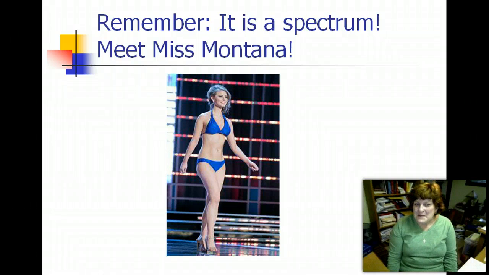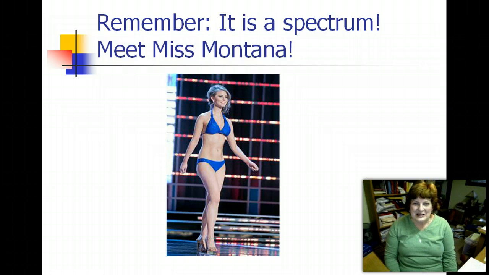This is Miss Montana from the most recent of the Miss America, and she has Asperger's syndrome. So again, she is on the spectrum. And again, encouraging patients to realize that this does not have to be a limiting condition, in that just recognizing their communication strengths and weaknesses and making sure they have the resources available.